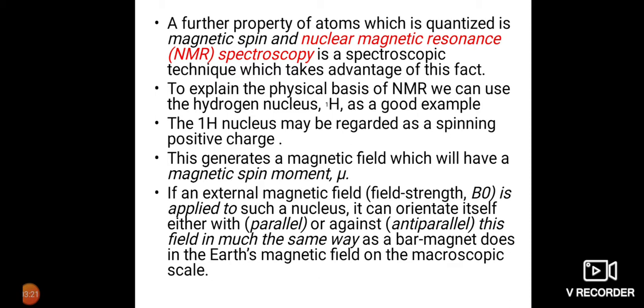H1 has a nucleus with only one positive charge, and it is a spinning nucleus. This spinning nucleus generates a tiny magnetic field around it and has a magnetic moment, which we denote as mu.